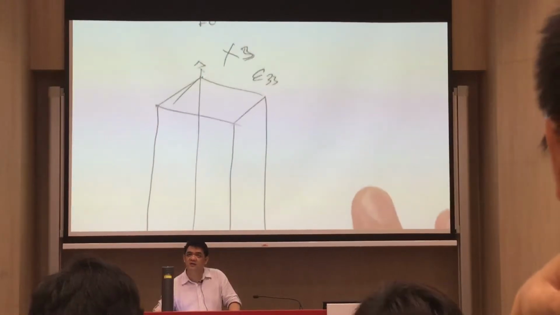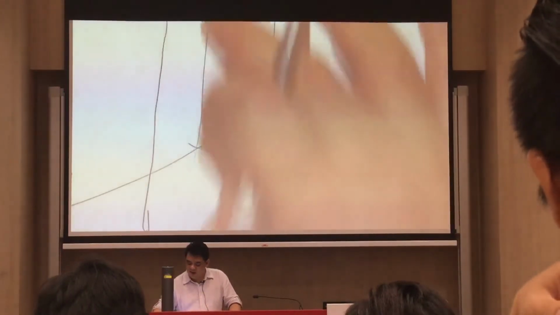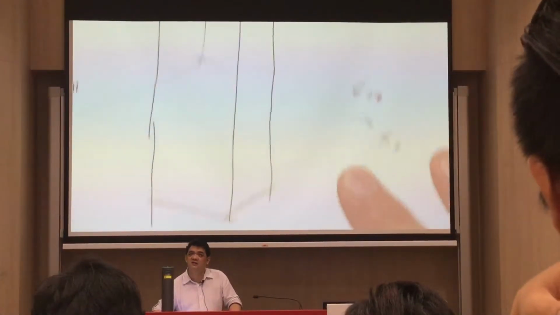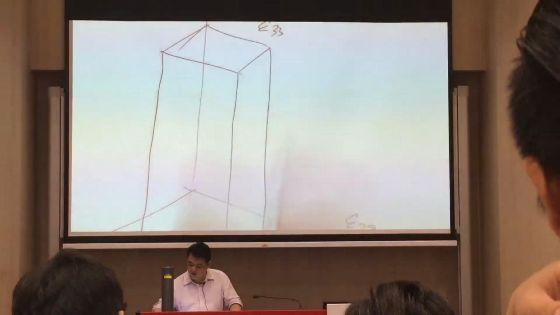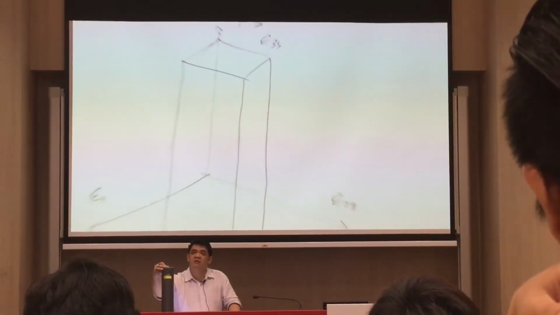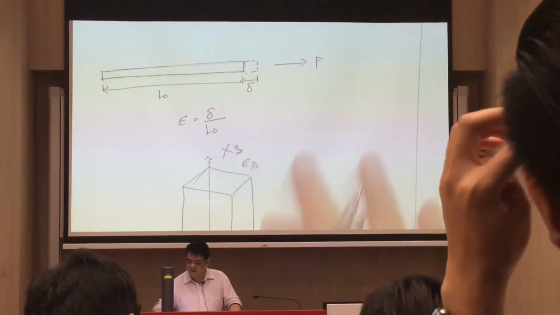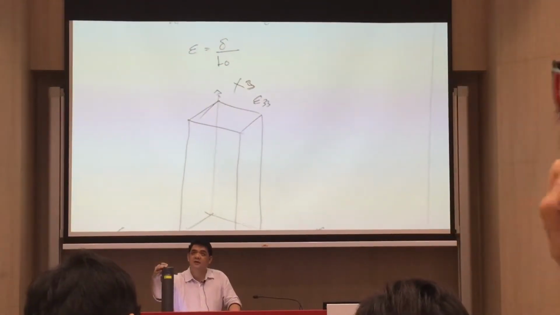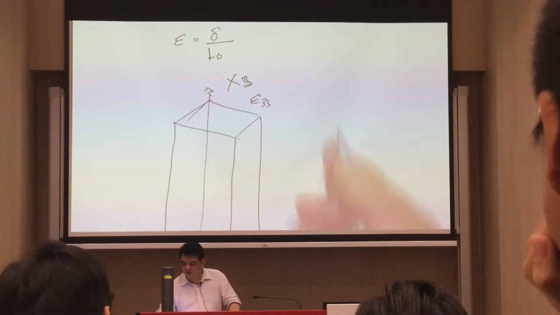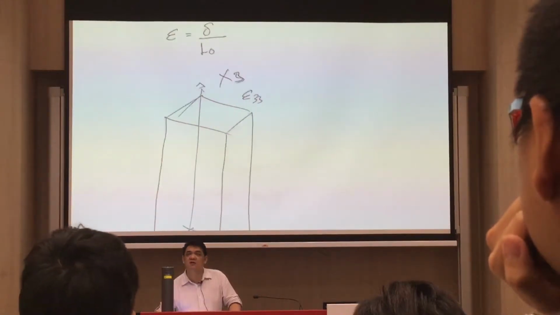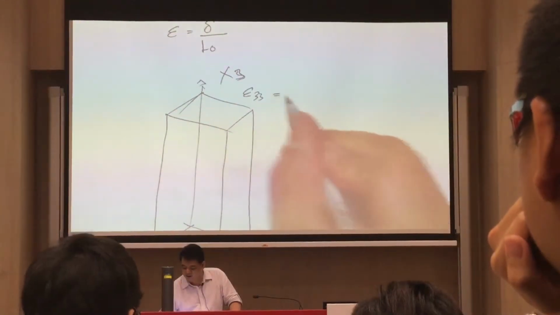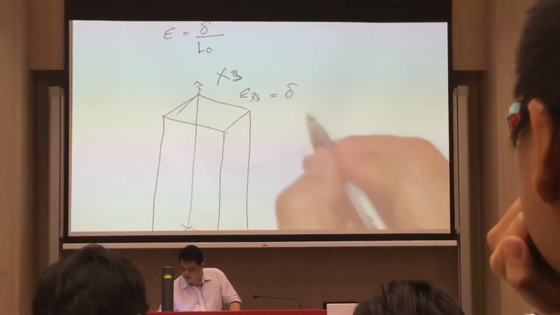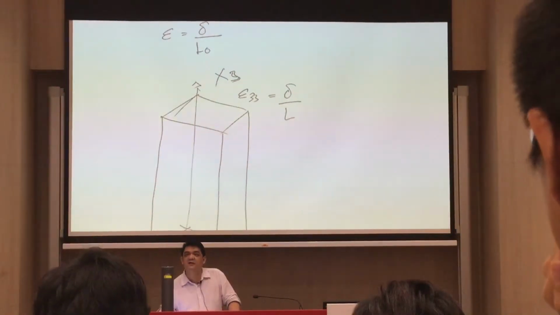So we know that the strain here will be along this very long dimension, along x3. Right? So we're looking at this one being much larger than the other side. Say, for example, displacement over a length.